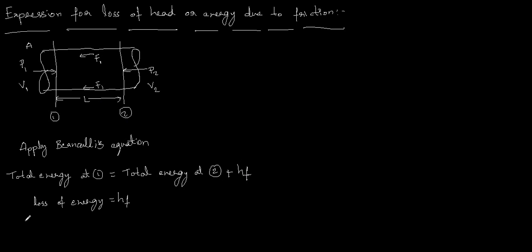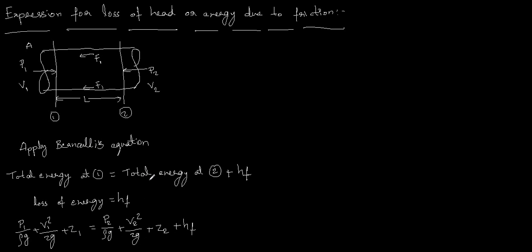The total energy can be written as P1 by rho g plus V1 square by 2g plus Z1 is equal to P2 by rho g plus V2 square by 2g plus Z2 plus the energy lost HF. This is the equation we can write according to Bernoulli's equation, as we already know.